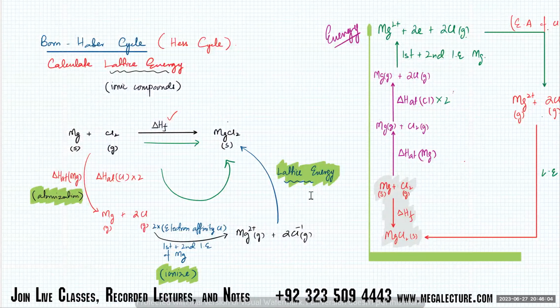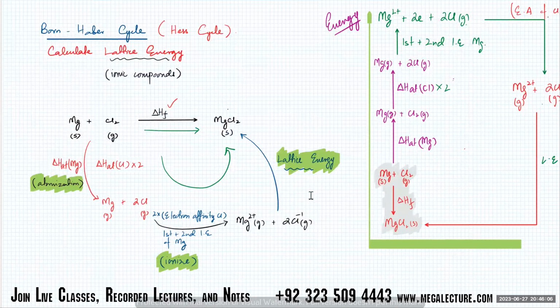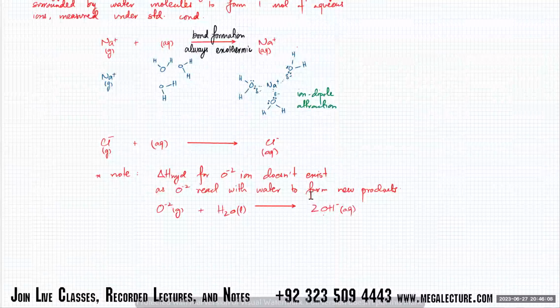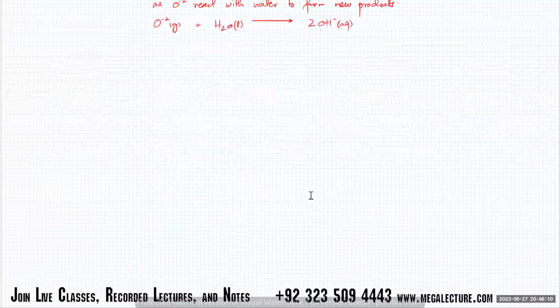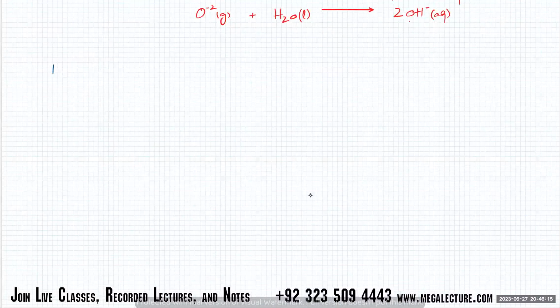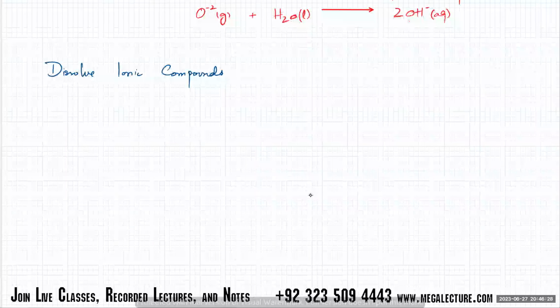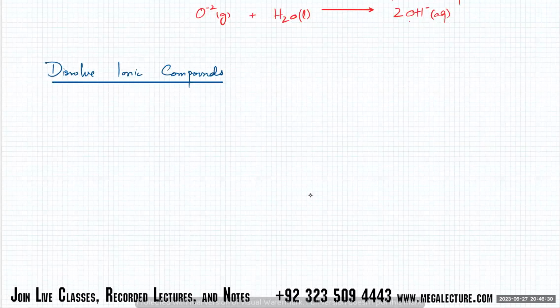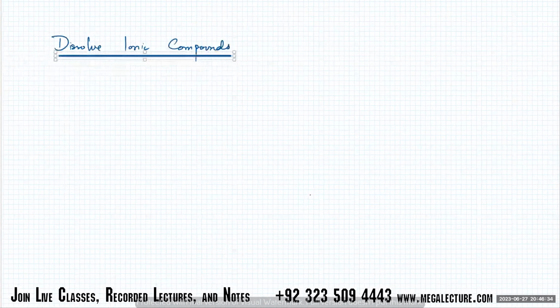Okay, that's it. Now, these three are interlinked, especially for dissolving ionic substances. So when you try to dissolve ionic compounds, there's a Hess cycle that can be constructed, specifically for ionic compounds.